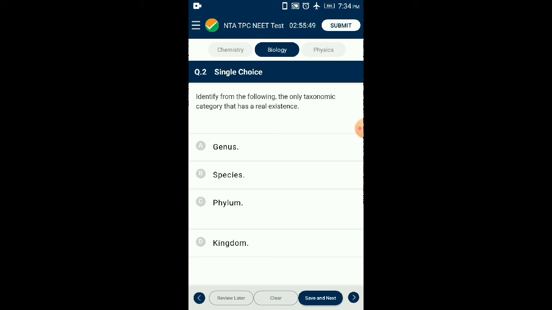However, variety was obliterated and four new categories were introduced. Thus, the seven obligate categories in descending order are kingdom, phylum or division, class, order, family, genus, and species. So the answer for this question is option B, species.